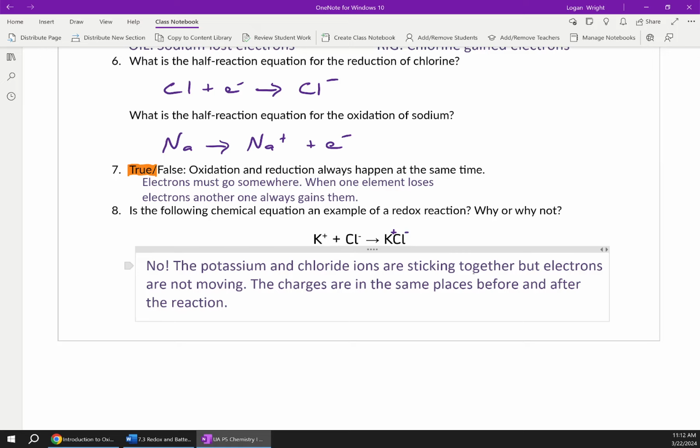The real life scenario this equation fits would be something like potassium and chloride dissolved in water; they're technically not touching each other. But if I boil the water off, they will start touching each other. You had potassium chloride dissolved, and afterwards it was solid, but it was potassium chloride the whole time. So this is not only not redox, it's also not a chemical reaction.